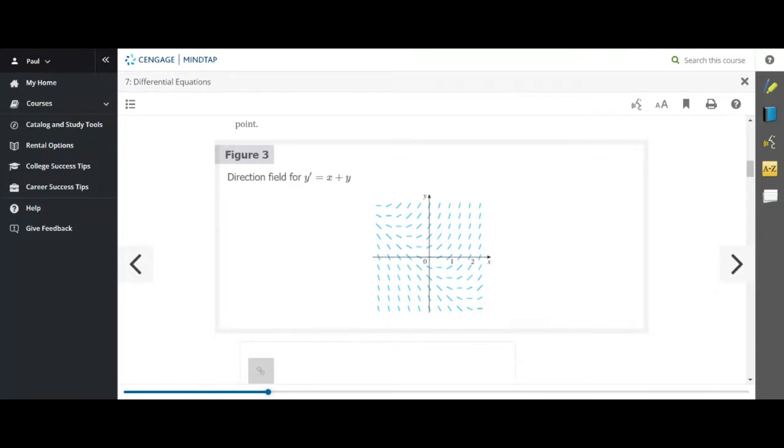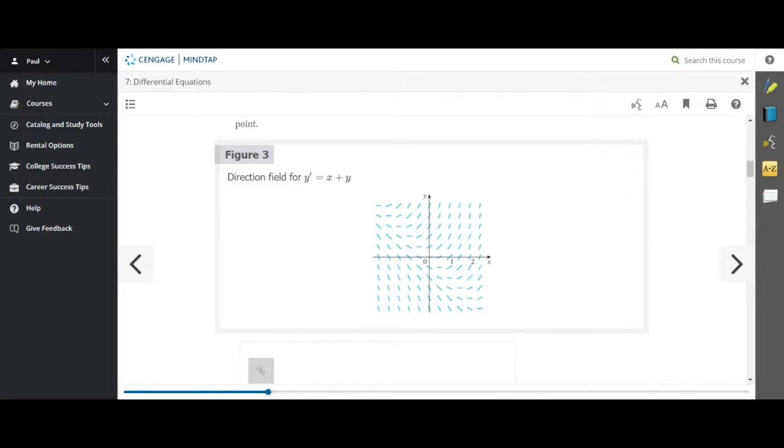They picked a lot of coordinates in the xy plane, and at every coordinate they computed a slope, which you can do because you have your differential equation. You can find the derivative, and so you can draw a tangent line with that slope.